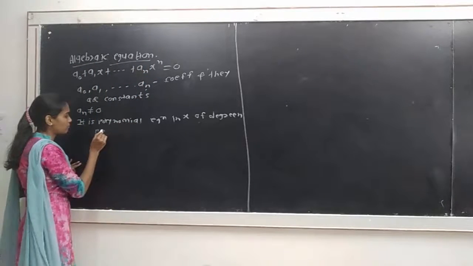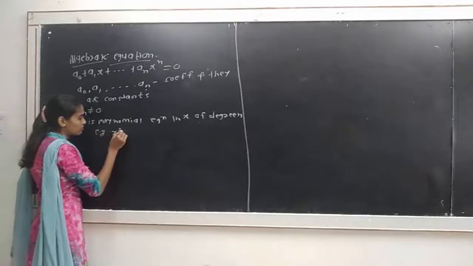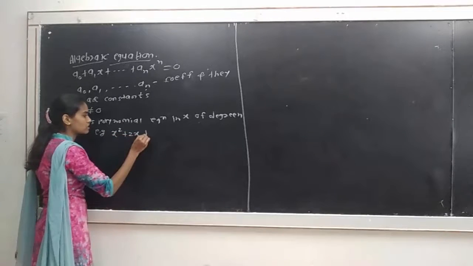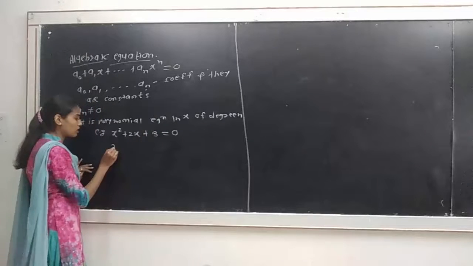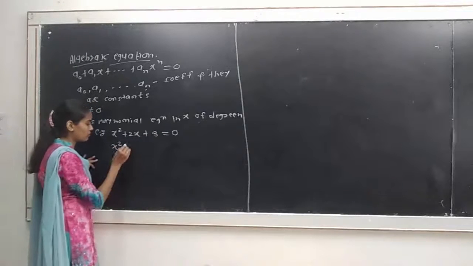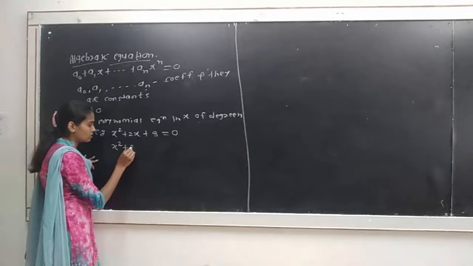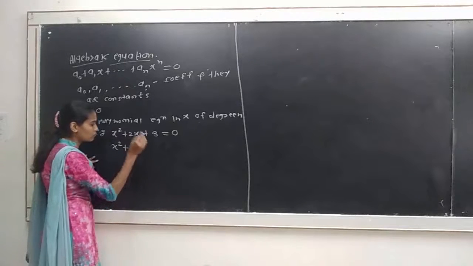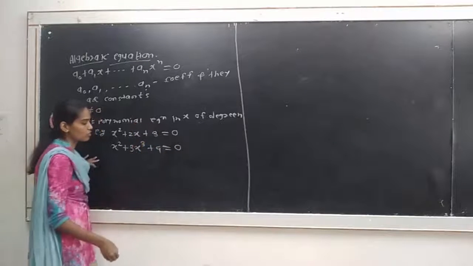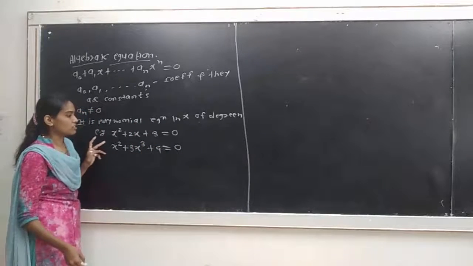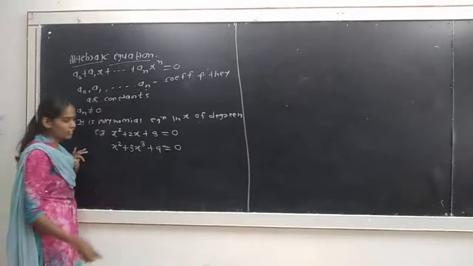We see the example: x square plus 2x plus 3 is equal to 0, or x square plus 3x cube plus 4 is equal to 0. This type of equations is called the algebraic equation.